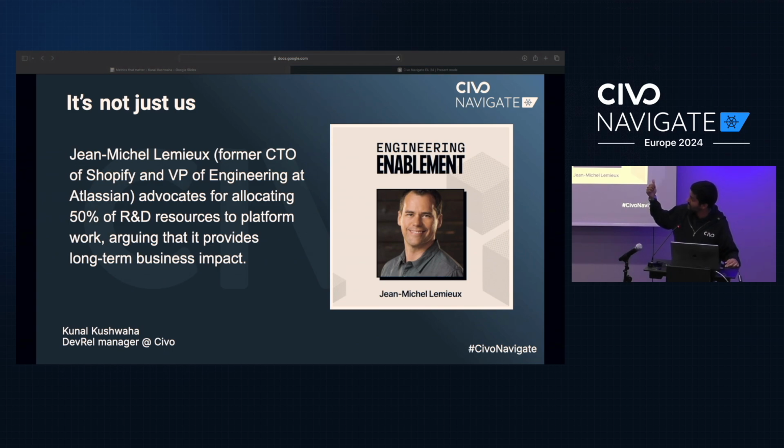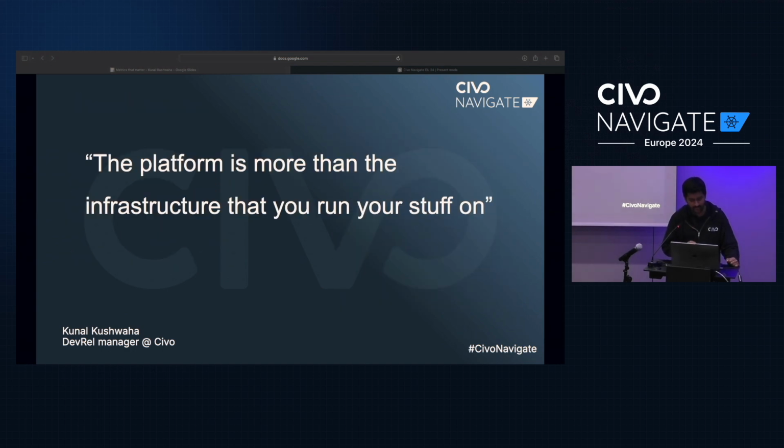In our survey, we also saw that resistance to change was the number one bottleneck for organizations to adopt platform engineering. He also said that the platform is more than the infrastructure that you run your stuff on. It goes beyond the infrastructure. It includes everything that speeds up the developer workflow, like developer environments, testing, core technical decisions such as UI frameworks, server setups, database structures.